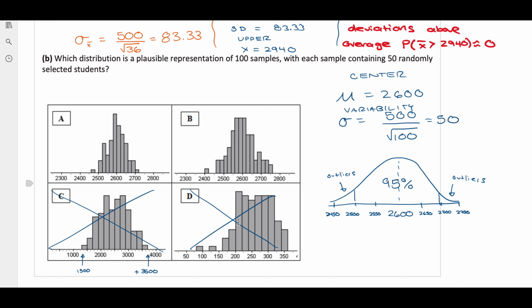And so B would be the better answer, since it seems to match up with these numbers a lot more. We have a huge chunk between 2,550 and 2,650, whereas on A we don't have anyone outside of 2,450 and 2,750. It's just a little too compacted on A.